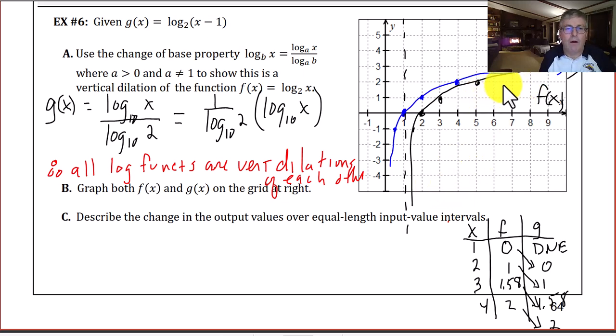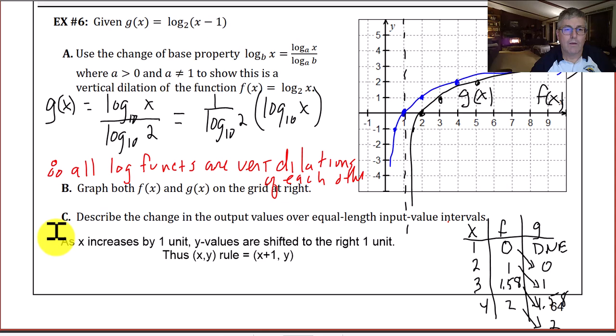The black one is g of x. So to describe the change in output values over equal length input value intervals, we can say as x increases by 1 unit, the y values are shifted to the right 1 unit. Thus our xy rule is (x plus 1, y).